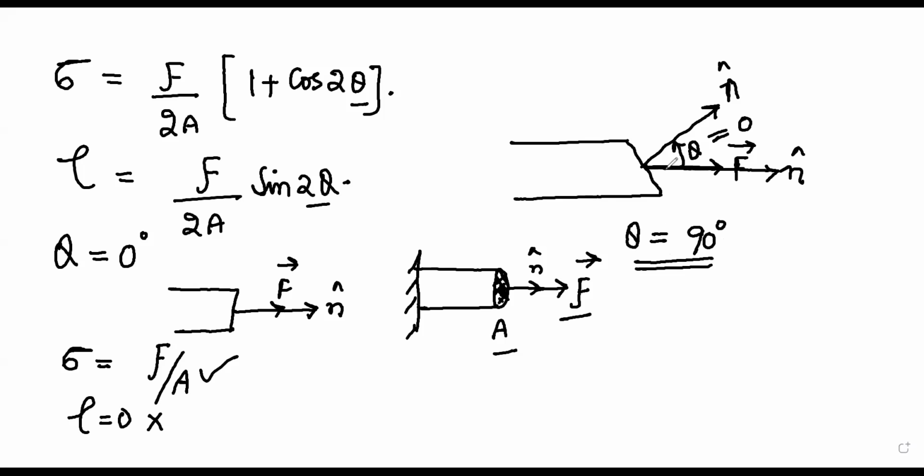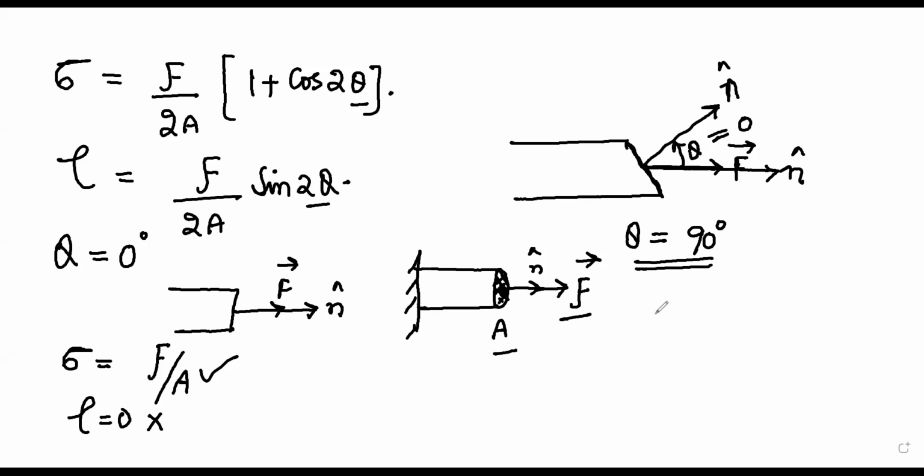How does that happen? You have to rotate this area in such a way that the angle it subtends with the force F is equal to 90 degree. That's the only case.